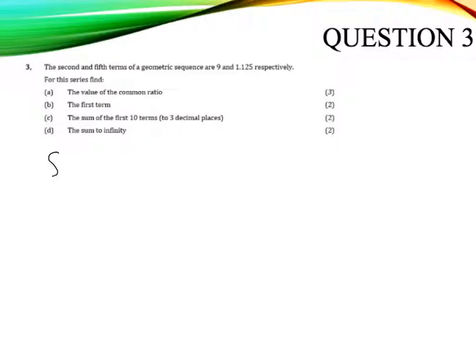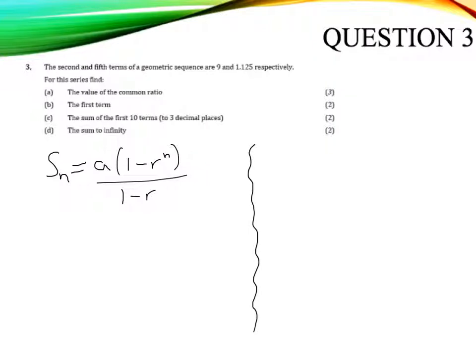The sum to n terms is A multiplied by 1 minus R to the n, all divided by 1 minus R. We're interested in the sum of the first 10 terms, where A is our first number, 18, 1 minus a half, our common ratio, to the power of 10, all divided by 1 minus a half.